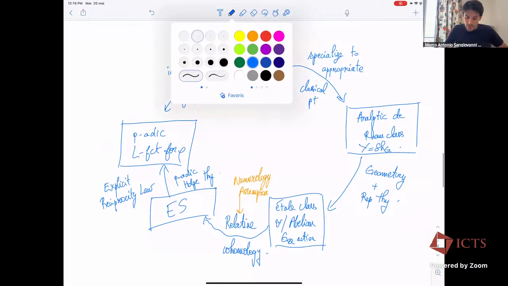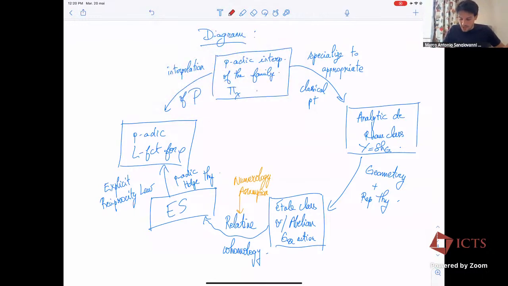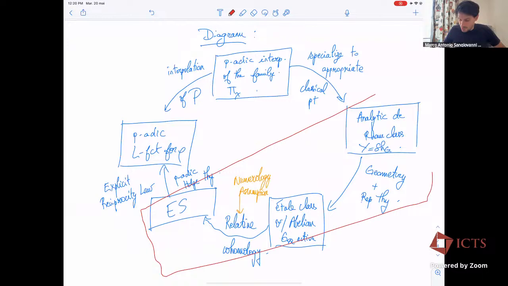Okay, so now let me explain what I will talk about in this lecture series. This will be mainly focused on this section of the diagram. Going from the analytic de Rham classes attached to classical automorphic forms, for which you can write explicit expressions, what is the process? What is this arrow?